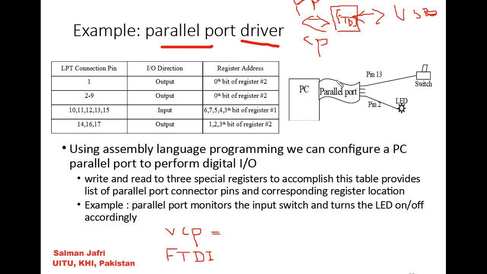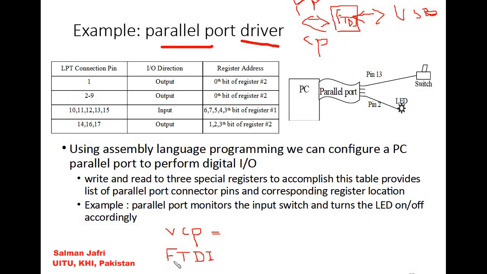These days we don't use these parallel ports and serial ports as they are. We use them in the form of virtual COM ports, or VCP, right? So we have this parallel port over here, which interacts with a chip.